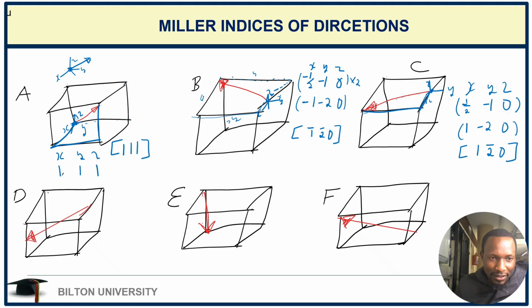If you look at D, this is the tip, so this is our origin, and we have our x, y, and z. Once we choose the origin, we write the coordinate system, so this is my z, this is my y, and this is my x.